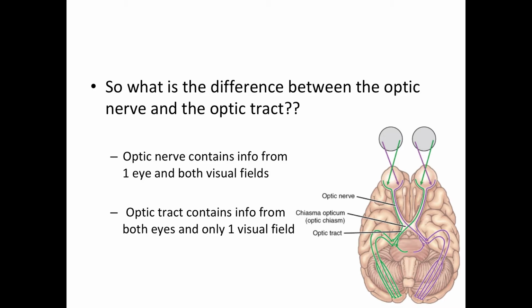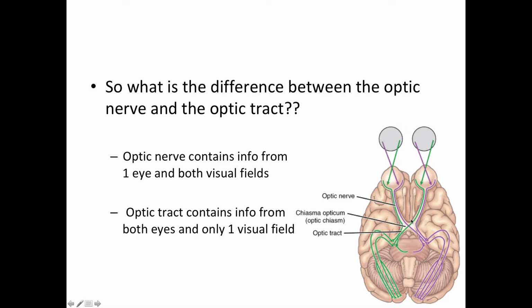So what is the difference between an optic nerve and an optic tract? Because they technically sound the same. You would think that outside of the central nervous system it's a nerve, and inside of the central nervous system it's a tract. So if you look at this picture and memorize it for future testing, the optic nerve contains information from one eye and both visual fields. So this one contains only the left eye information, from both the left visual field and the right visual field.